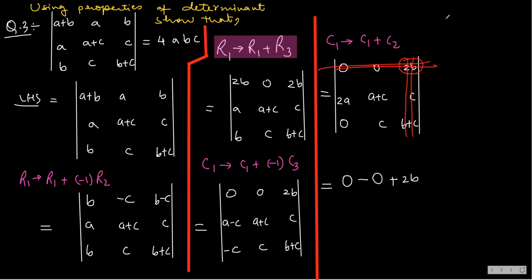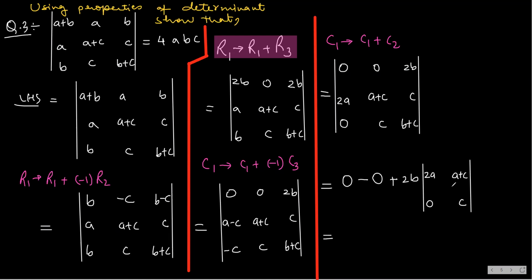Yes, sir. So what will it be? The minor of 2B is a 2 by 2 determinant. And what is it? It is 2A, A plus C, 0 and C. So you will get 0 minus 0 is 0, just forget it.